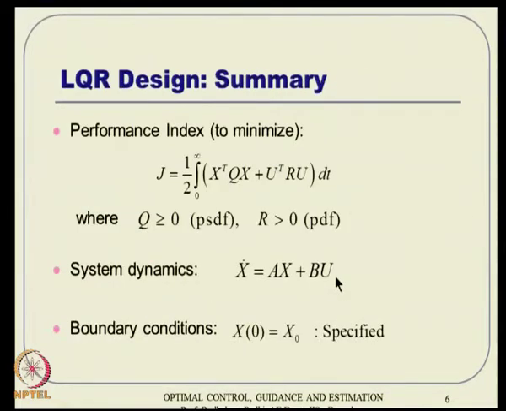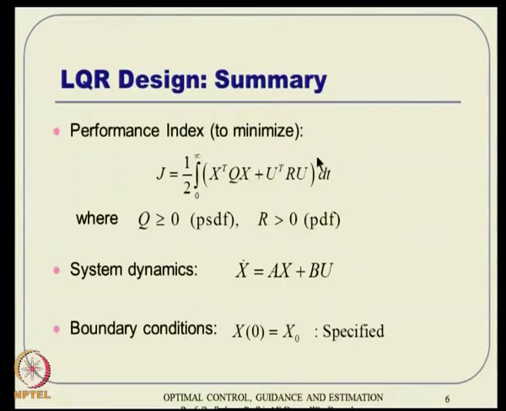Okay. So, just to summarize the LQR design, we have studied that extensively before in a few lectures. You can go through all those things if you have forgotten or want to revise. The performance index is like this, and if nobody tells us anything, we assume that t_f is infinity. That means the cost function is quadratic in state and quadratic in control, and the final time is infinity. Q is positive semi-definite, whereas R is positive definite.